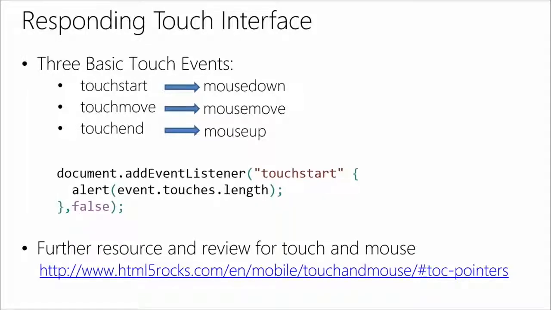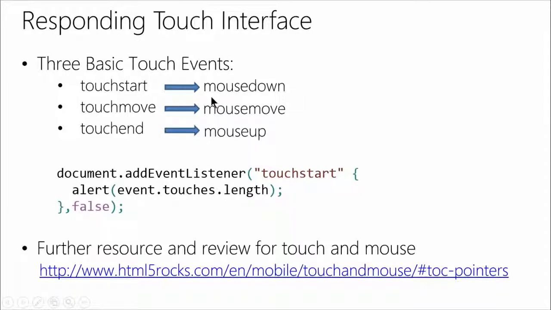The other thing that you want to be aware of is that the touch events have an associated mouse event too. And this is really helpful to know if you're debugging your application. You may not actually be debugging on a touch-enabled device. No worries. If you look at my slide, I'll demonstrate to you that each touch event has an associated mouse down event.